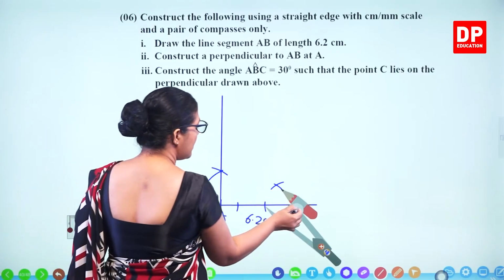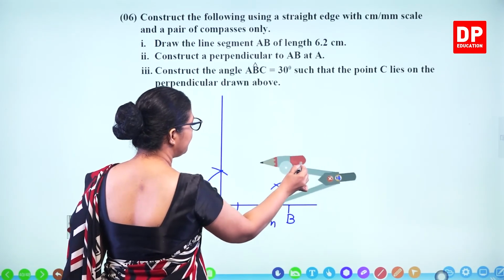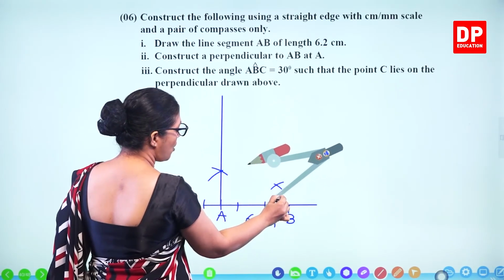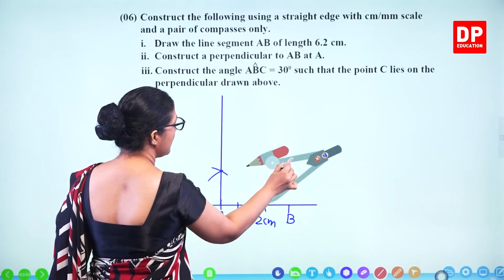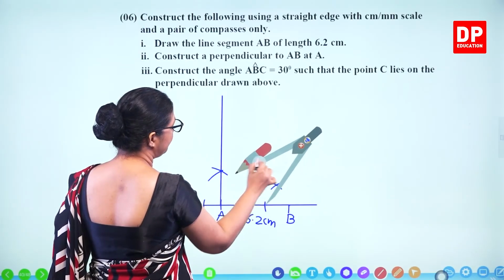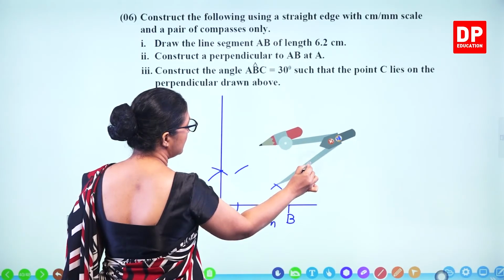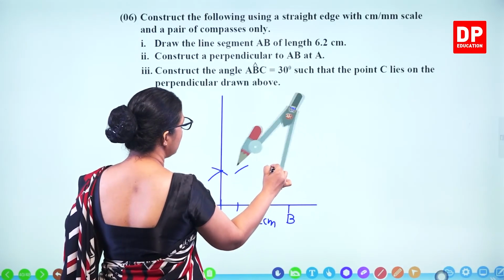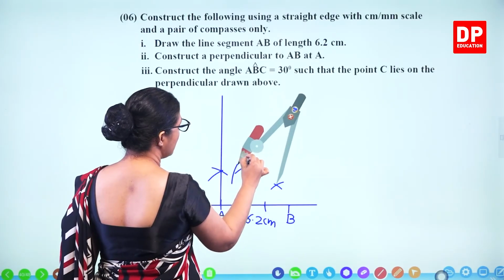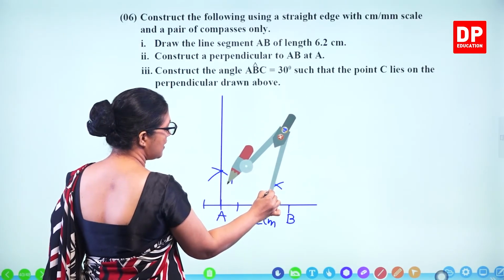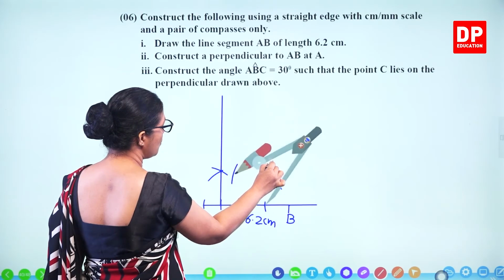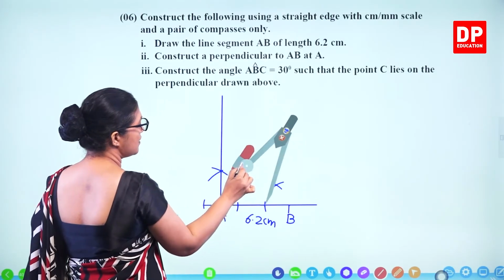Now we can take another length, keep it on top of this point and mark in between. And also keep it here and mark the other point. So we didn't get the intersection, so that means you have to redraw it here.